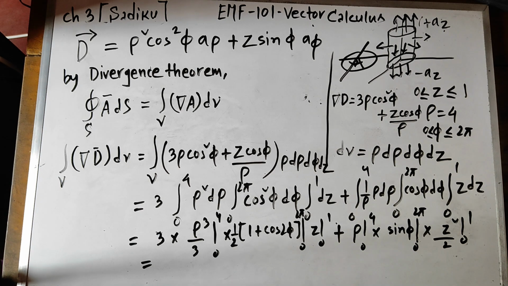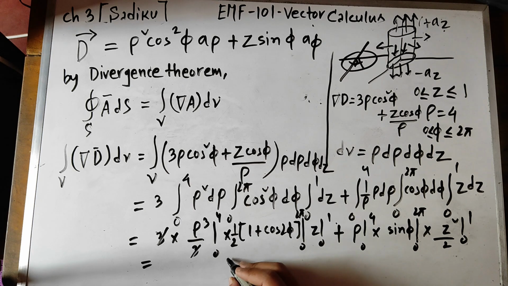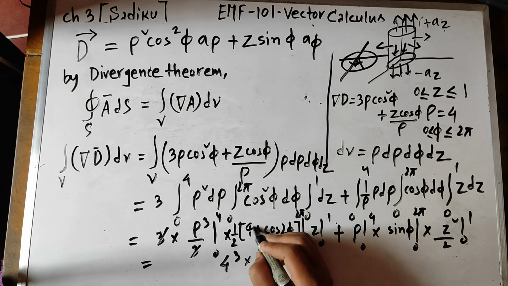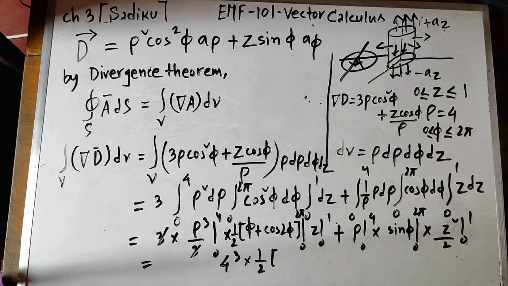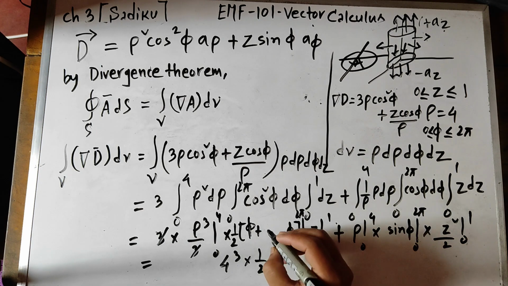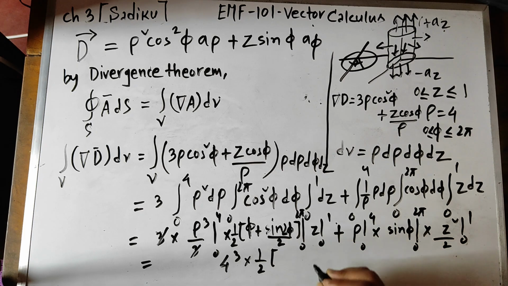So this gives us the answer. The 3 cancels out, so 4 cube, and in the previous section this is cross 1 by 2, phi plus sine 2 pi by 2.